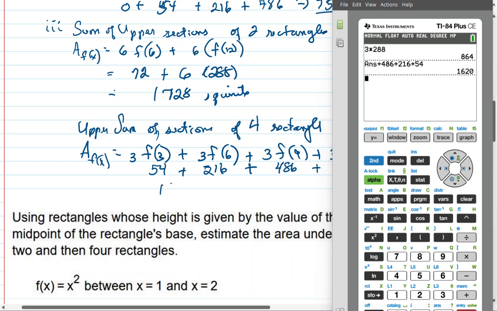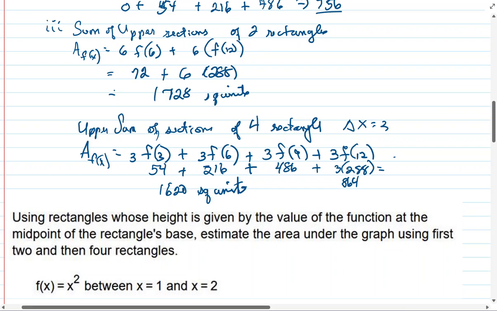We get 1620. It's less than the 17, but it's not close.